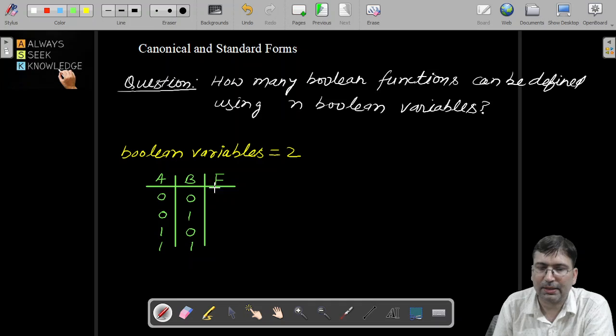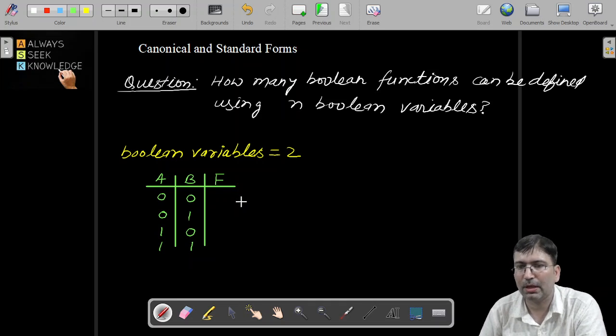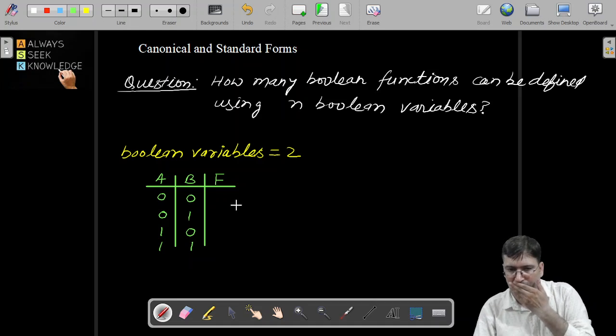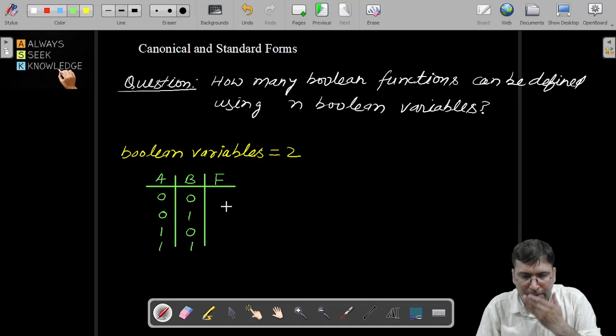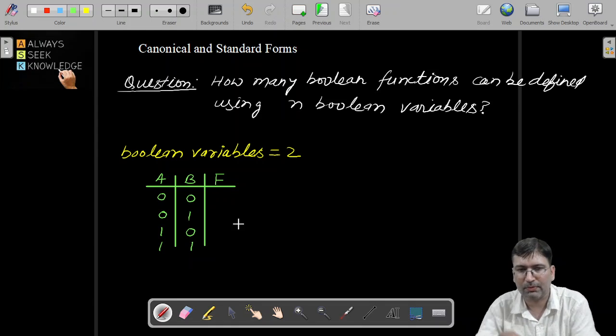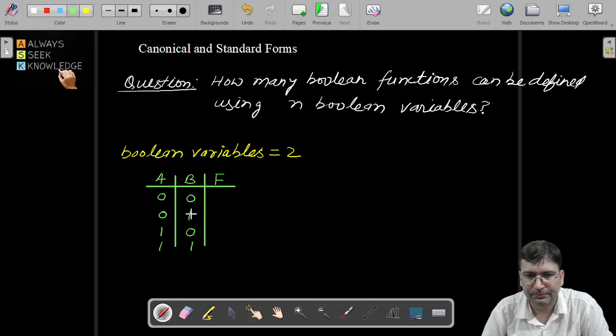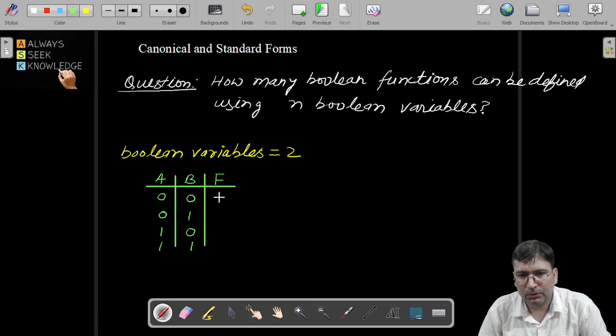Now the question is asking, if there are two Boolean variables, how many different Boolean functions can be defined? Because this is a Boolean function, it will also have values in 0 and 1 for all these combinations, right? So at any place there are two possibilities. At this place it can be 0 or 1, at this place it can be 0 or 1, at this place it can be 0 or 1, or at this place it can be 0 or 1.